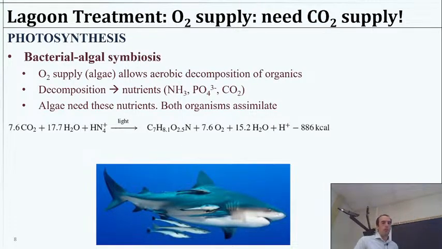Okay, so one of the things to think about is the symbiosis here that is really key to the design, and that is the bacteria plus the algae, right? We kind of need both. There are some designs, I'll talk about an alternate towards the end. I don't have as much information about that, but your typical lagoon system wants both algae and bacteria because there's this synergy.